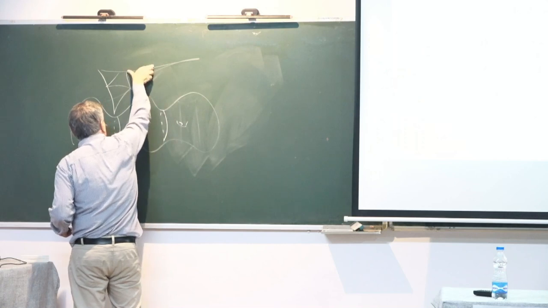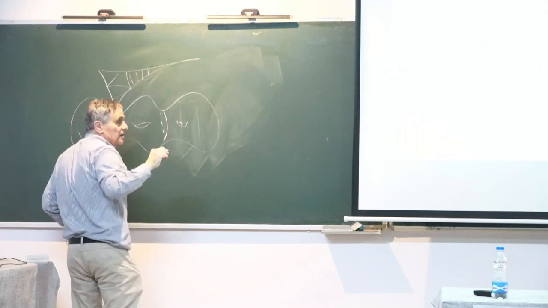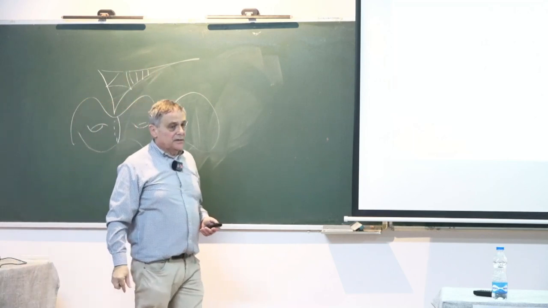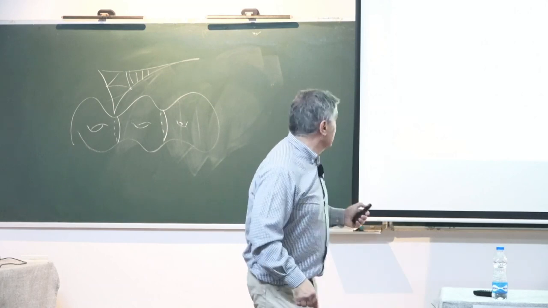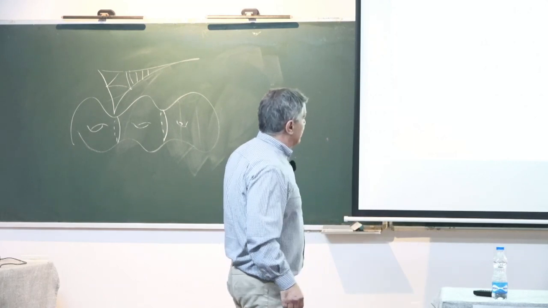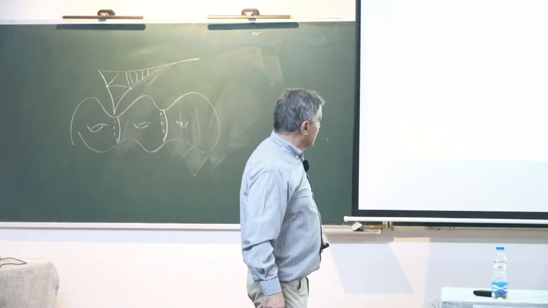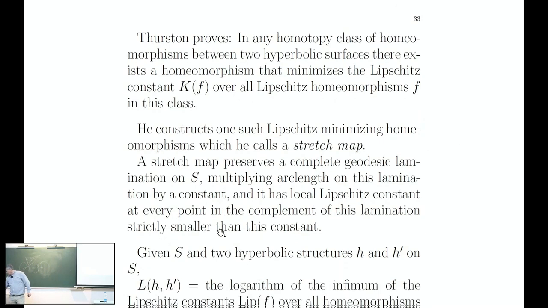You see that you have a dilatation along the sides, and the transverse arcs are contracted. The general construction of Thurston is a generalization of this construction for the ideal triangles. They are contracted, smaller than this constant.